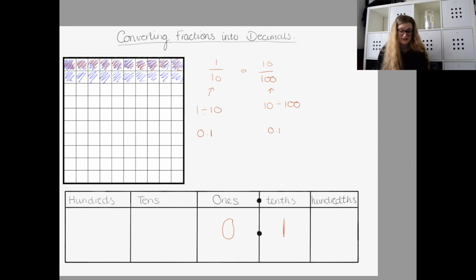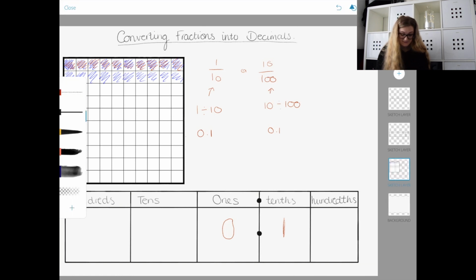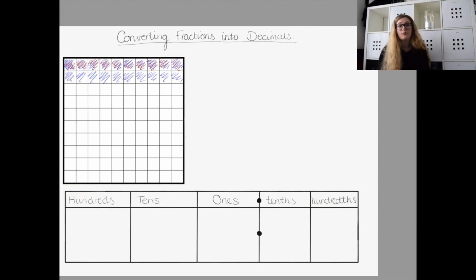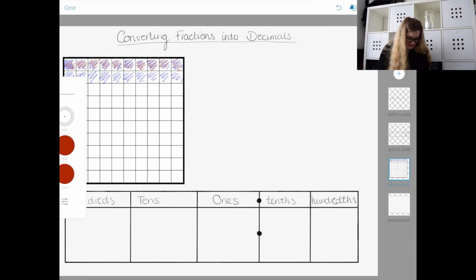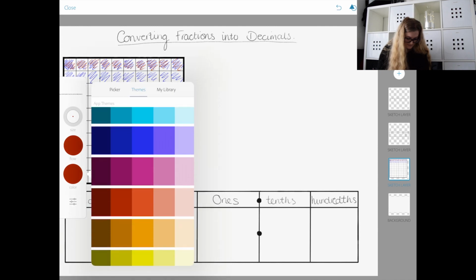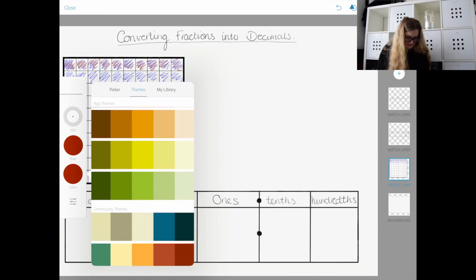Now where it starts getting a little bit more tricky is when you start looking at the different numbers within our hundredths. So if I had, I'm just going to go from the bottom this time. We're going to forget those top ones and we're going to go from the bottom. I'm going to change to a different colour. Let's go for green.